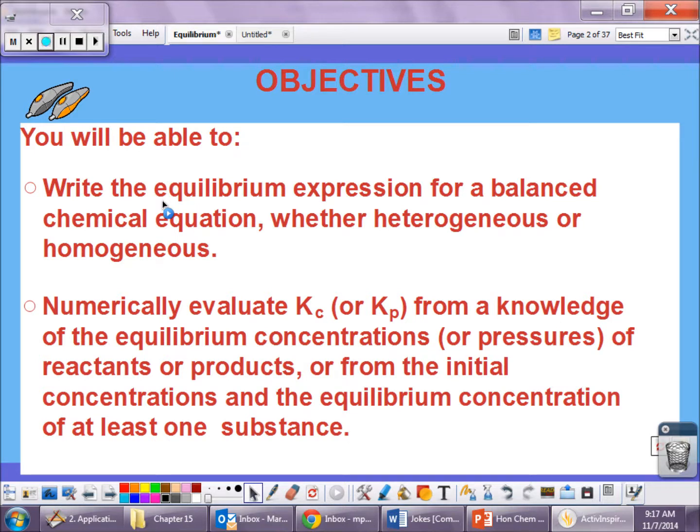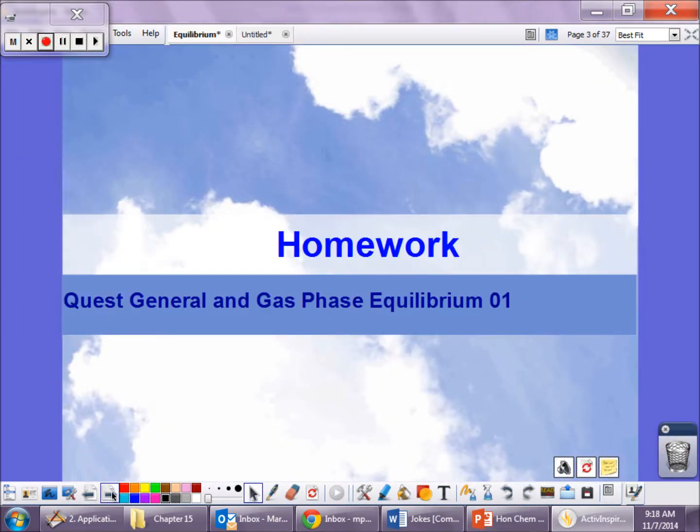Numerically evaluate Kc or Kp from a knowledge of the equilibrium concentrations or pressures of reactants or products, or from the initial concentrations and the equilibrium concentration of at least one substance. Your homework is the first quest, general and gas phase equilibrium 01. So we will have 2 quests for chapter 15, and we will also have a lab for chapter 15.